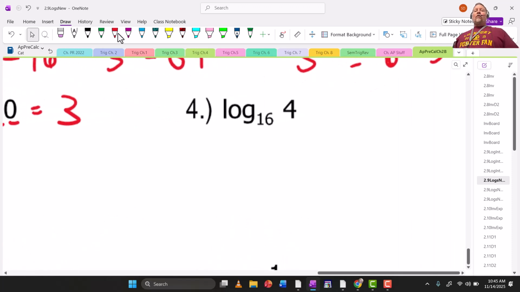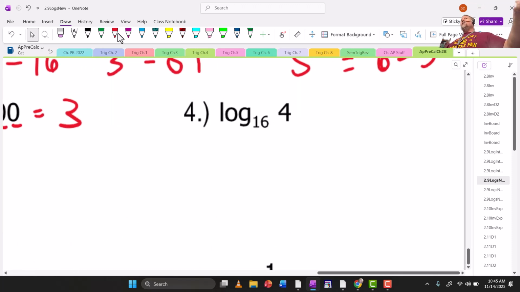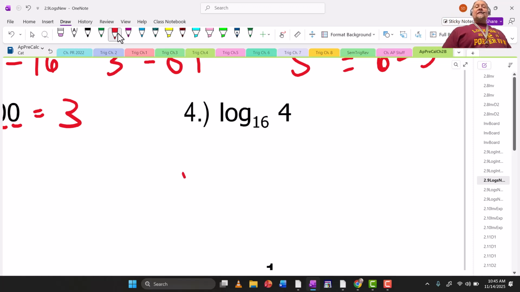So how do I get log base 16 to equal 4? What do I have to do to 16 to make it 4? What operation? Square rooting. Okay, so what I would need to do is take the square root of 16, which is 16 to what power? What is this index right here?